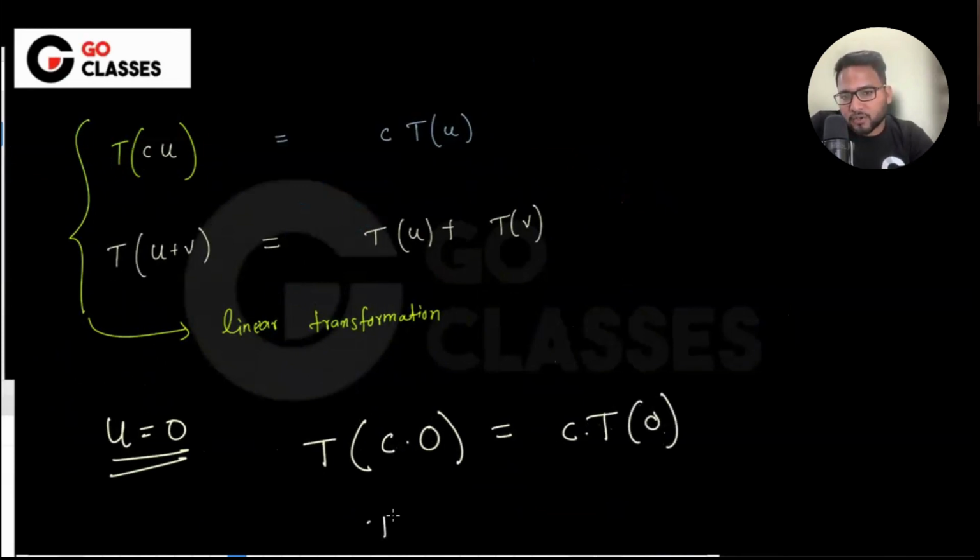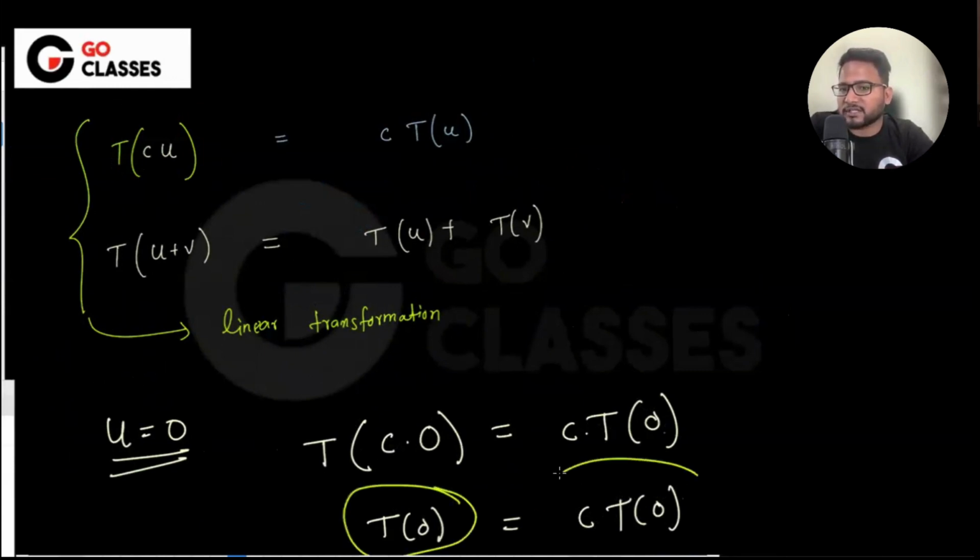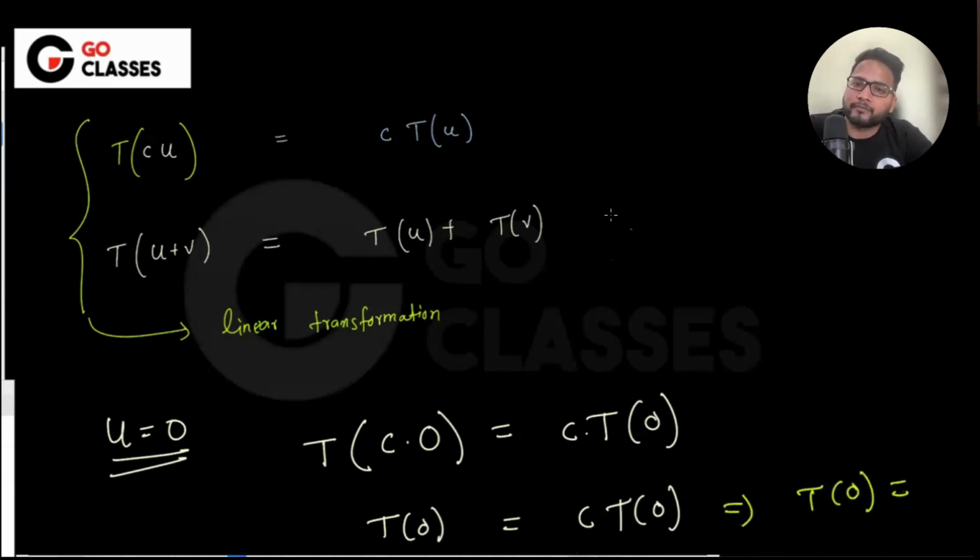So it is T of zero equal to c times T of zero. So what do you infer from this? Some number x equal to cx. What is the value of T of zero? Can anyone tell me?